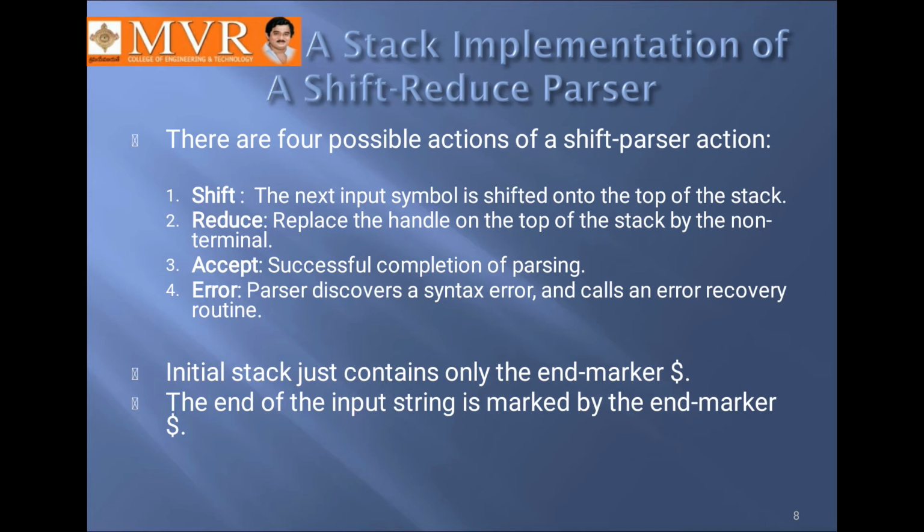The initial stack contains only the end marker $. The end of the input string is marked by the end marker $. Just observe these rules, the four possible actions in the shift-reduce parser using stack implementation.